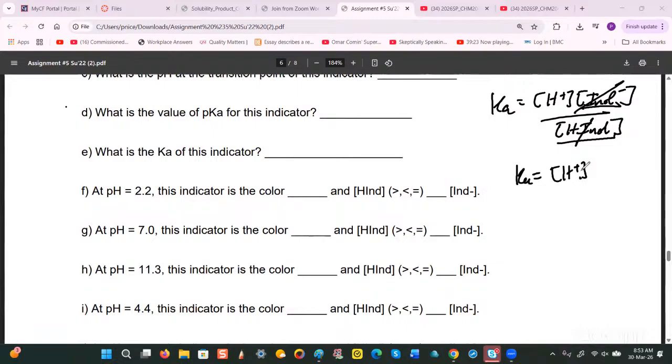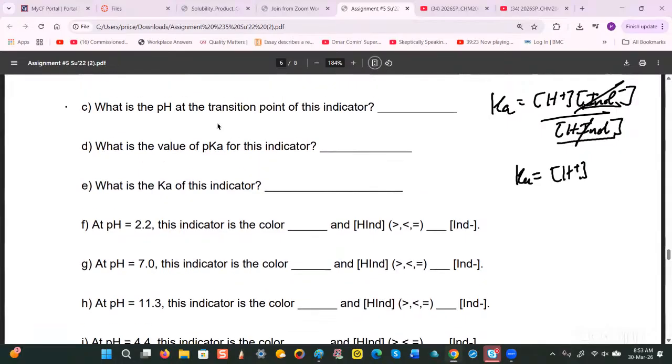And remember I said in answer to this question that the answer for the pH at the transition point is 4.4. That's a point where these two are equal to each other, right? So if the pH is equal to 4.4, what is the pKa?